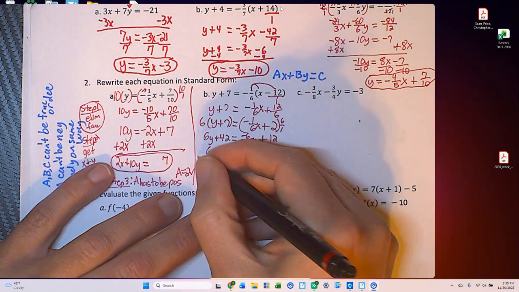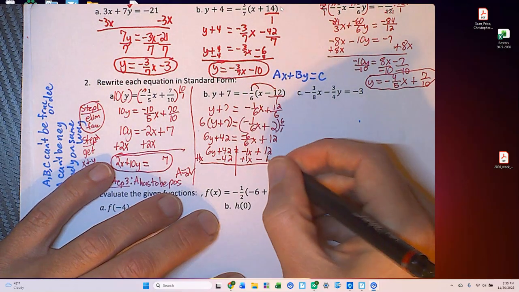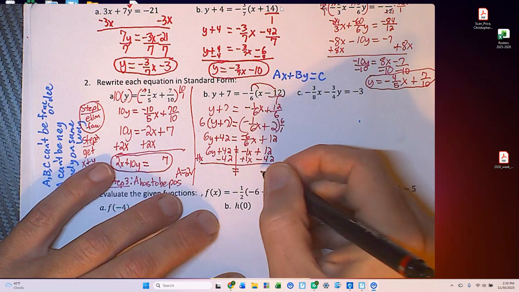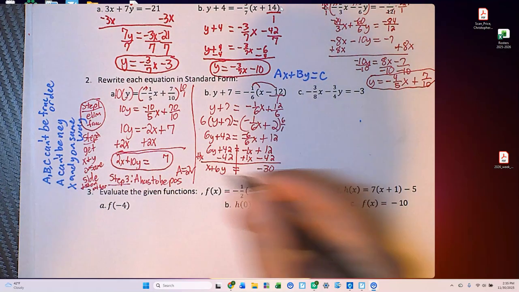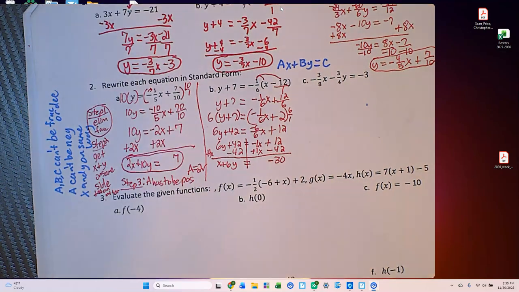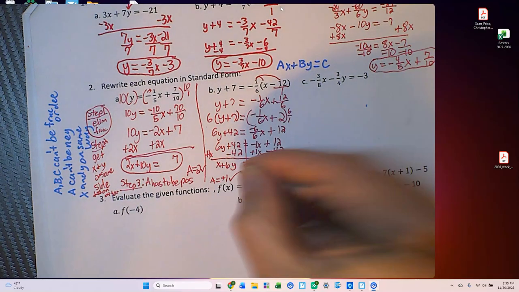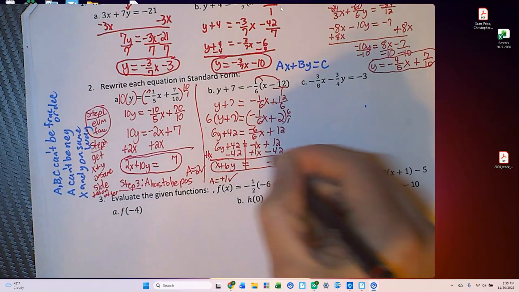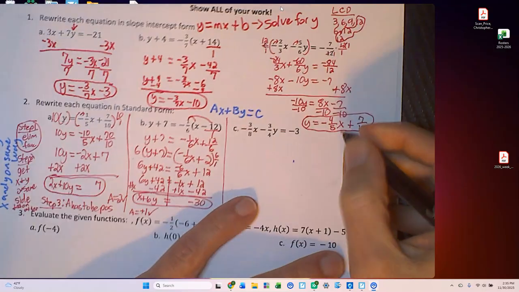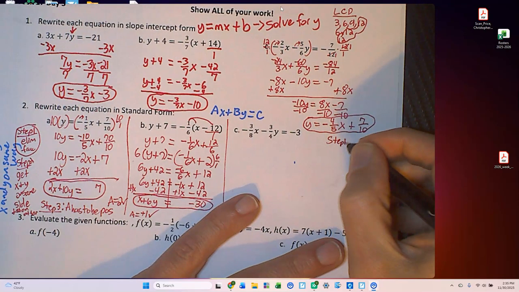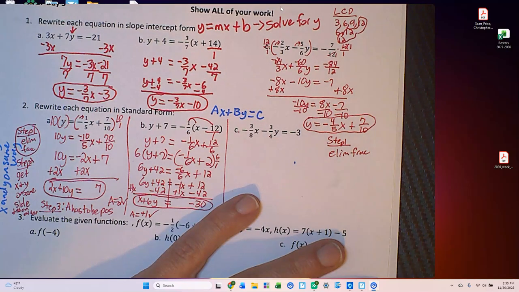Add 1x. Get 40. You got to get the constants on this side. Okay, step 3. A has to be positive. It is. Eliminate fractions.